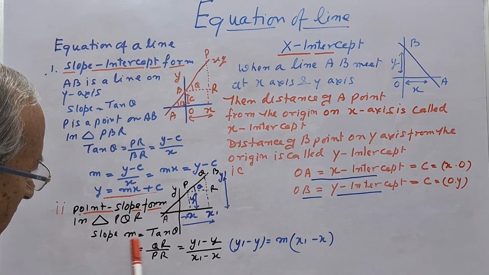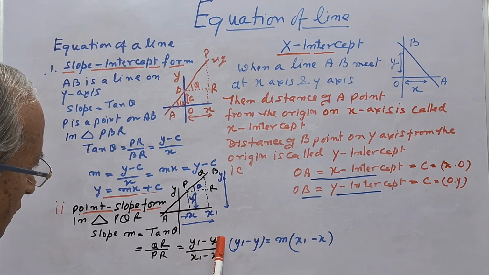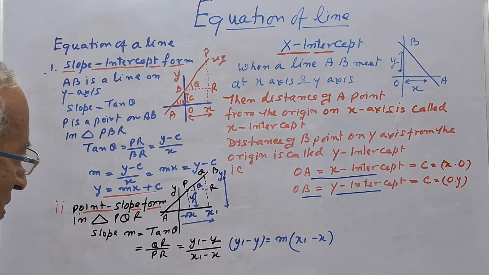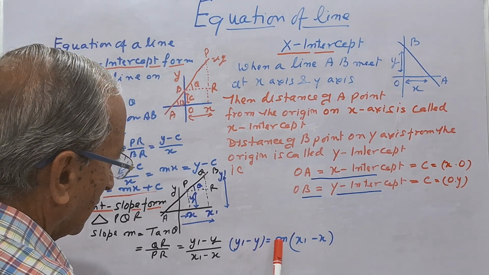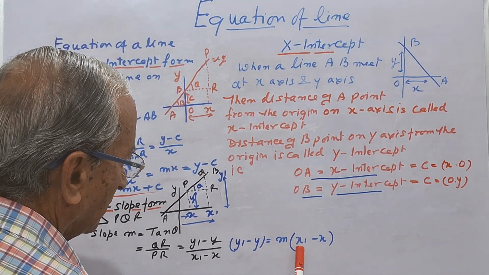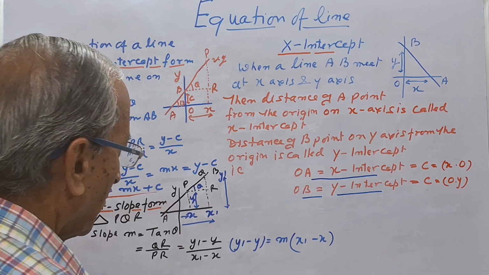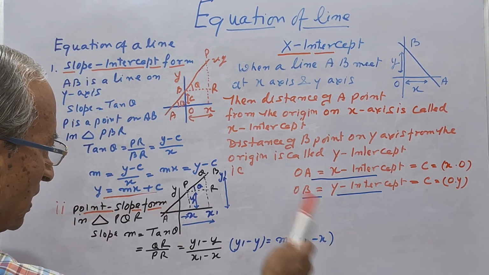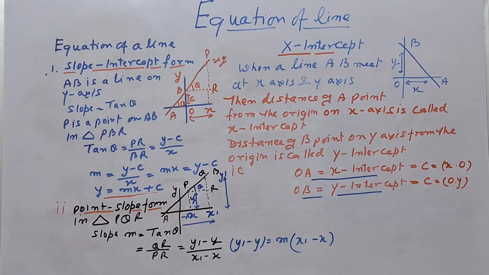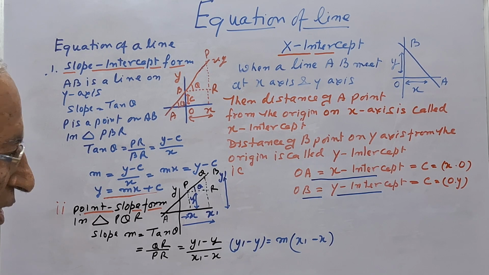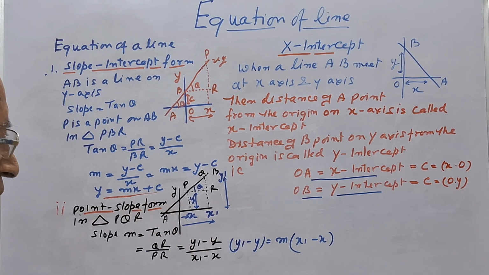That is, slope m is equal to y1 minus y upon x1 minus x, or y1 minus y is equal to m into bracket x1 minus x. So this is the equation of the line when a slope and the point are given to you. And third is when 2 points are given to you, that I will explain in my next video.